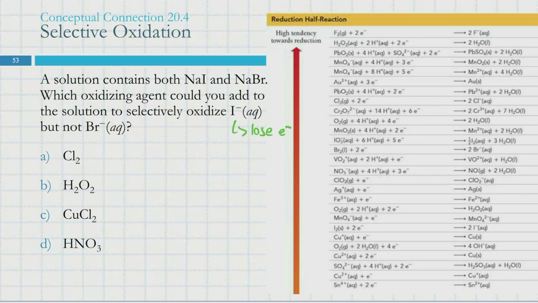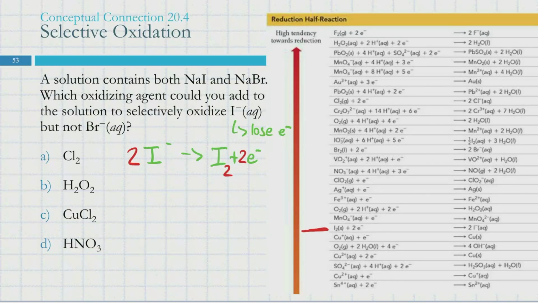So since we want to oxidize just the iodide, we want it to lose electrons. We're looking for something that looks sort of like I- going to I plus e-. It's actually going to be 2I- going to I2 plus 2 electrons. So we're looking for something that looks like that.